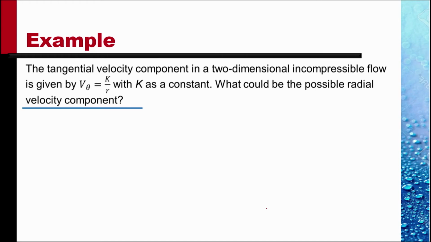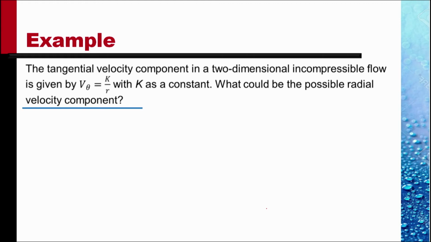The tangential velocity component in two-dimensional incompressible flow is given by v theta is equal to k by r, with k as a constant. What could be the possible radial velocity component? Clearly, we are now dealing with cylindrical polar coordinates, r and theta, in two dimensions, incompressible flow.